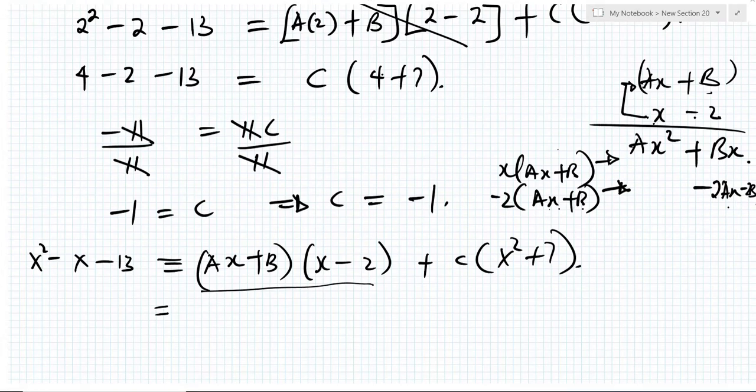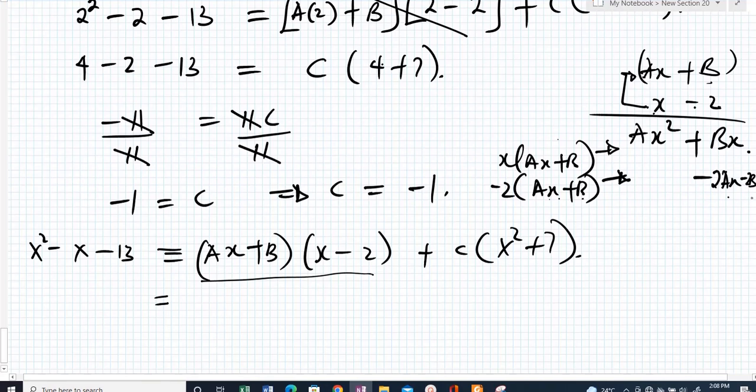Now if you add this up, you have ax squared plus (b minus 2a) times x minus 2b. So this is what we get.